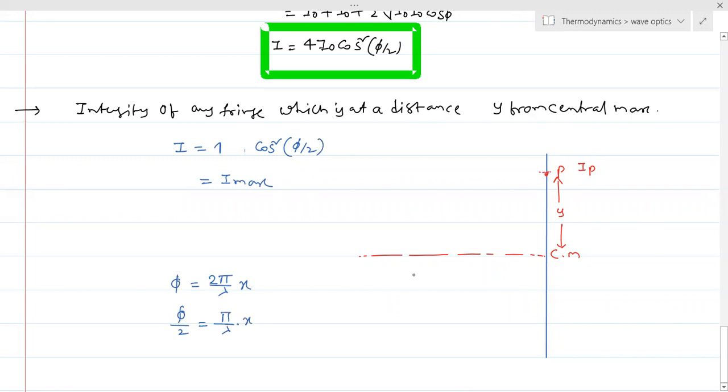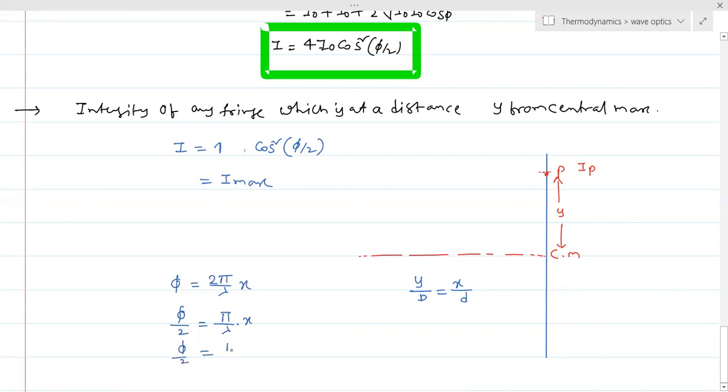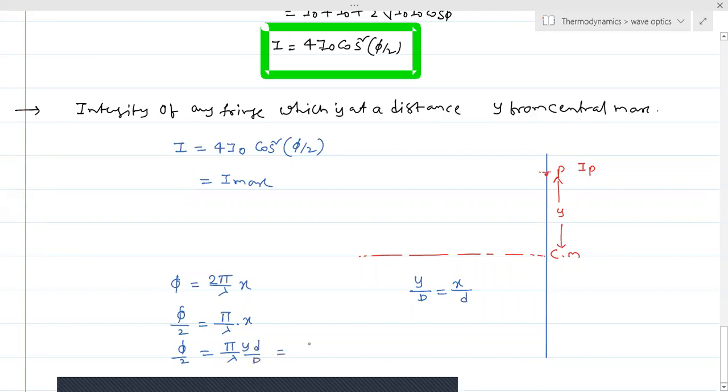But in any YDSE problem, as I promised, we will use this equation y by capital D is equal to x by small d. X is equivalent to y small d by capital D. So therefore phi by 2 is equivalent to pi by lambda into x, that is y into small d by capital D, so that is equivalent to pi into y by lambda D by small d.